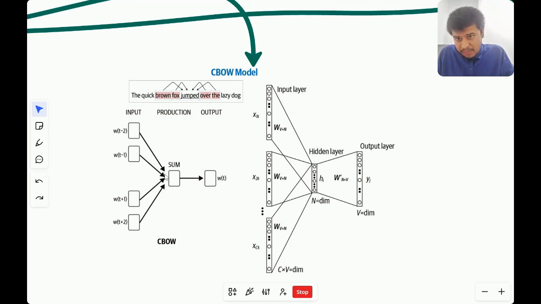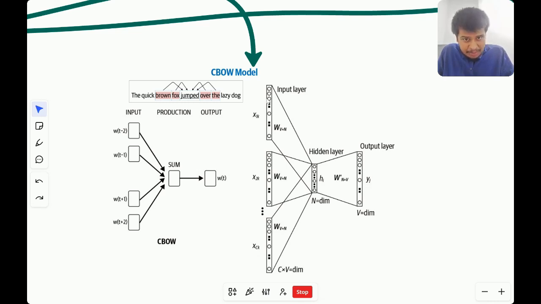As per the context window, if the context window is 2, then the two words before the actual word that we aim to predict would be given in, and the two words after the aim word, or target word, would be given in. So these words, on the left and right side of the main target word, would be given in. Their representations would be given in, and the representations would be summed up to get an aggregated representation. And this would be used for your output layer.